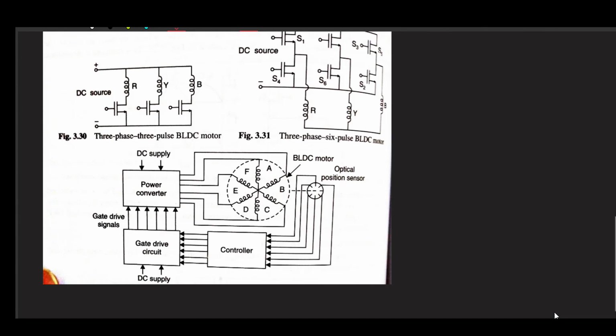It is very simple, like it was in your three-phase three-pulse case. It is just like, just let me write. I need some time because this is something I have to think and write.